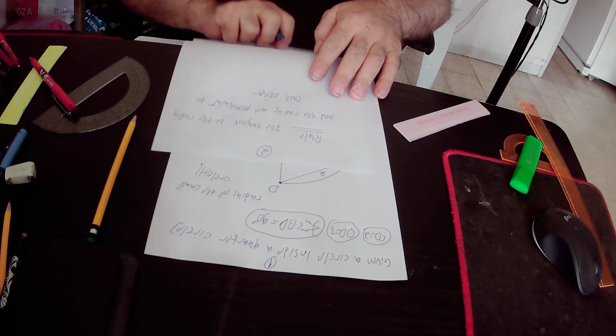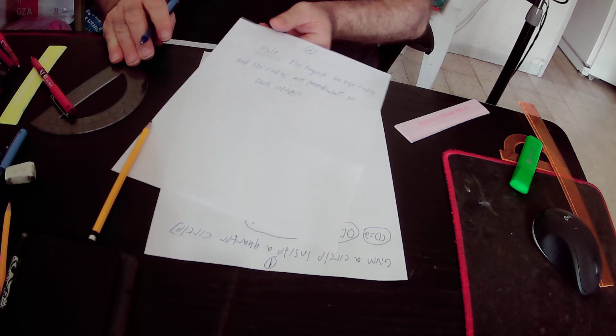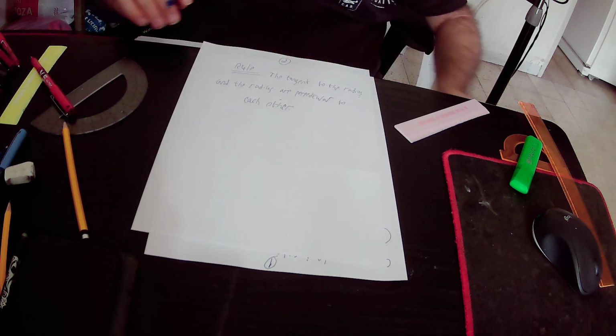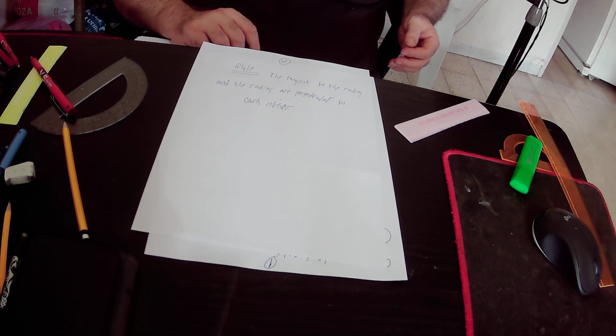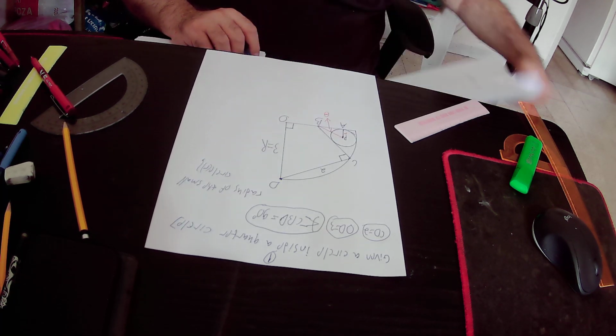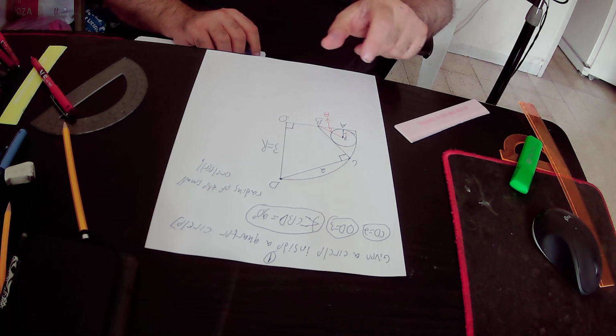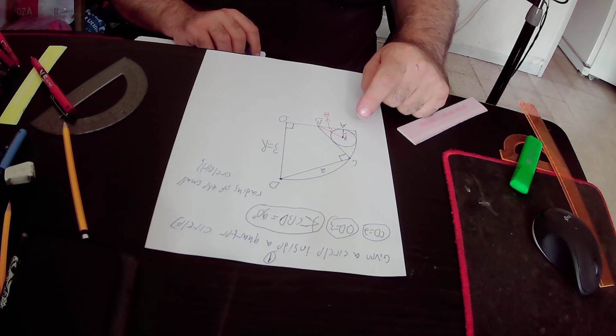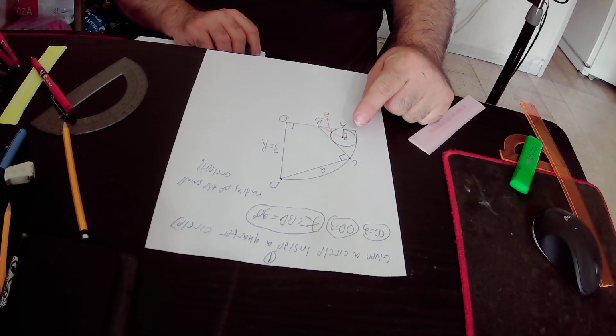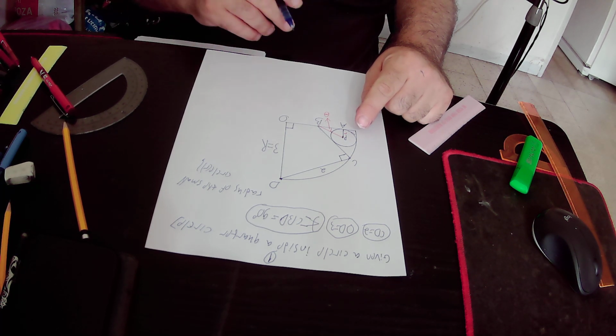So I will read the rule again. The rule states that the tangent to the circle and the radius are perpendicular to each other. So here side AB is tangent to the small circle at point A, and therefore the radius PA and the tangent AB are perpendicular to each other.